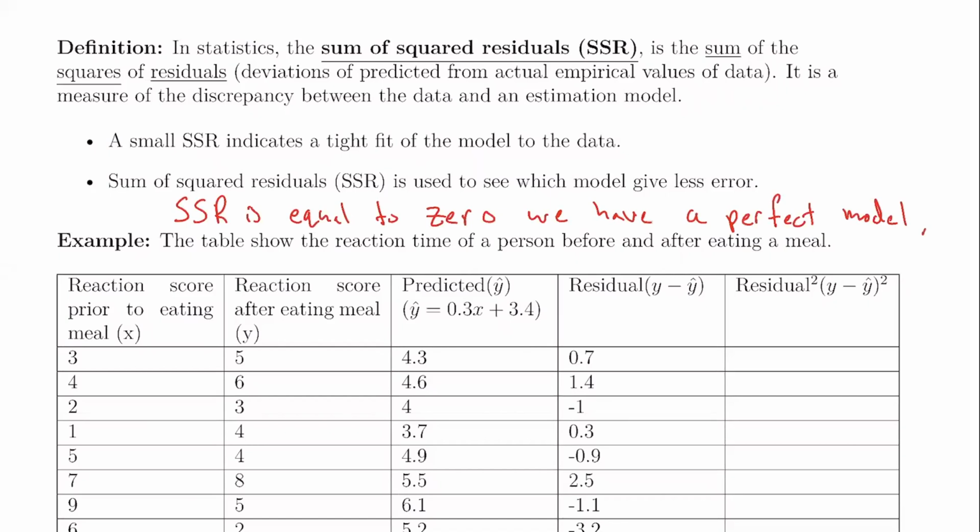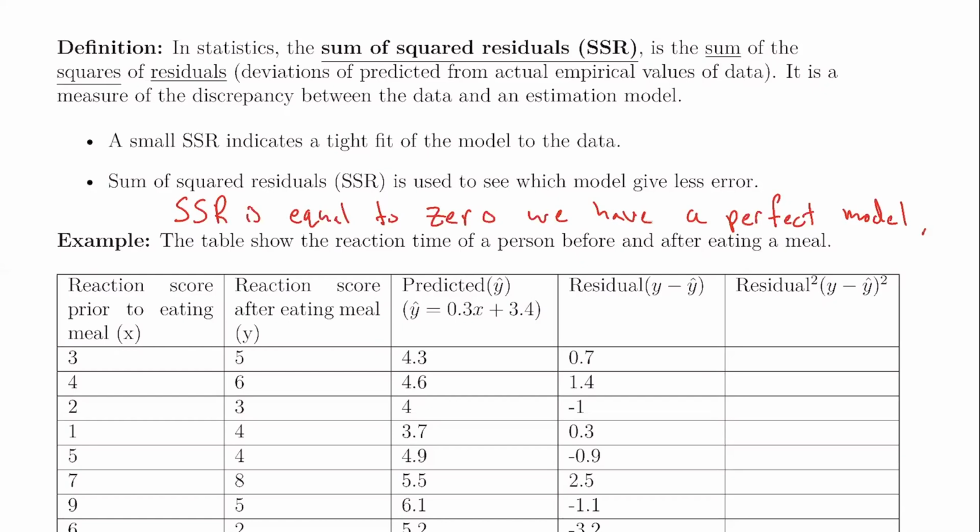So you just kind of know the idea of it. I'll show you how to calculate it, but same thing with the residual plot, I'm not going to expect you to do this on a test or in a quiz. But if I give you a question asking you about SSR, I do expect you to know that the sum of square residual represents how much error is in your model. So the smaller the sum of square residual is, the better the linear model is.